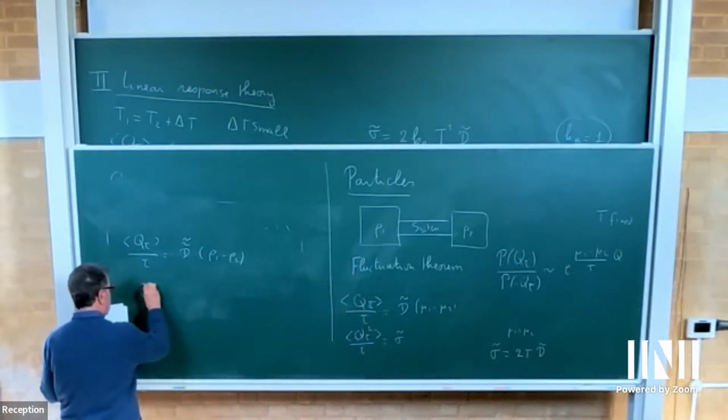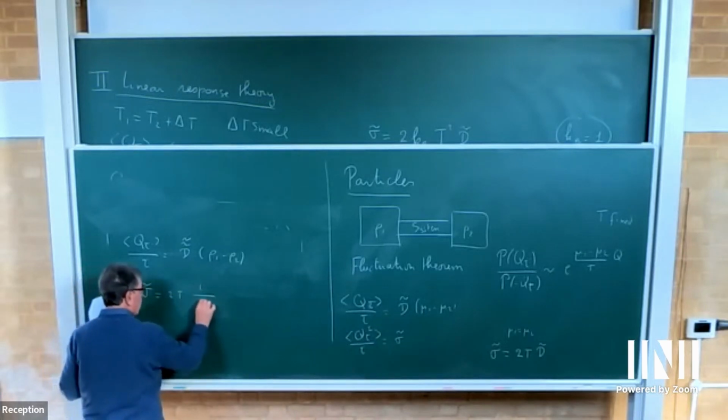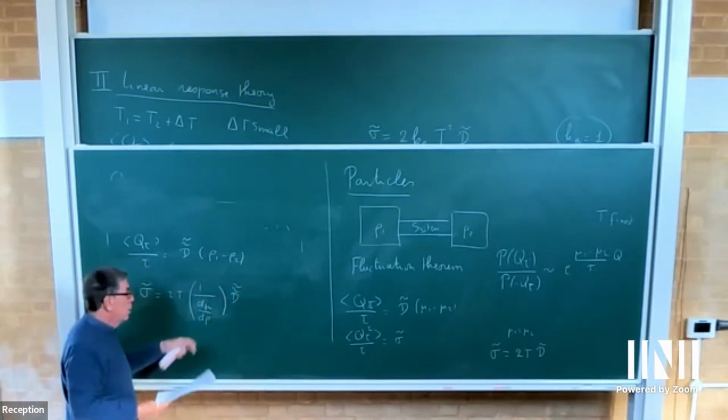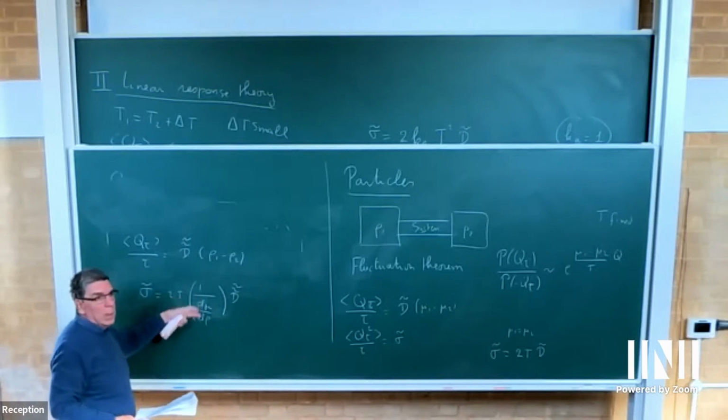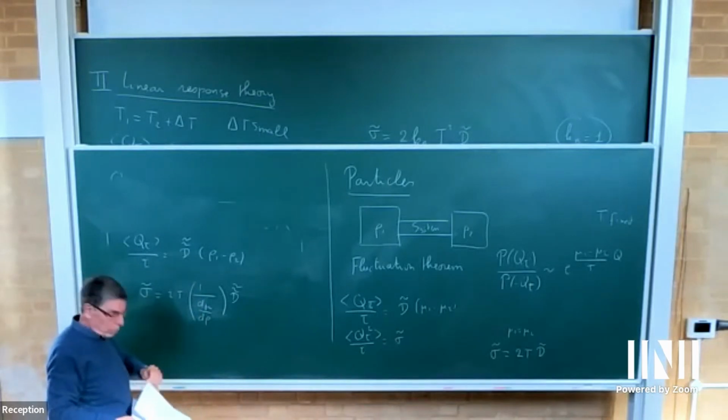A very simple origin. The sigma tilde is 2T times 1 over d mu over d rho, and D tilde. So the relation cares about how the chemical potential depends on the density. This is the derivative of the free energy, and this formula will come back hopefully today.